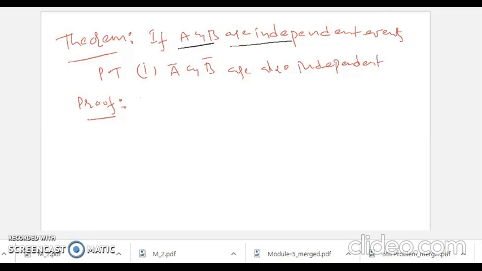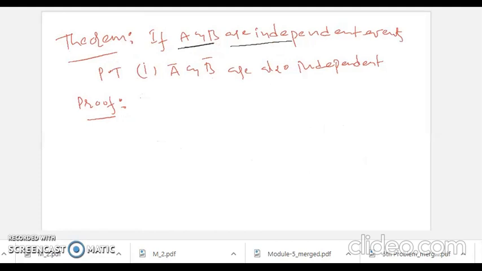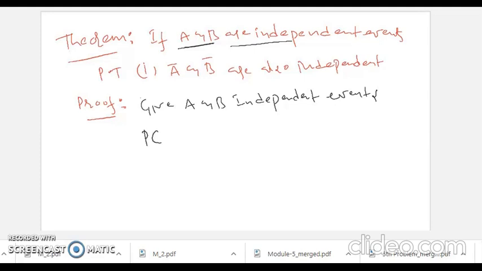So from this, by using the above third note, we can write: given A and B are independent events, then clearly probability of A intersection B is equal to probability of A into probability of B.